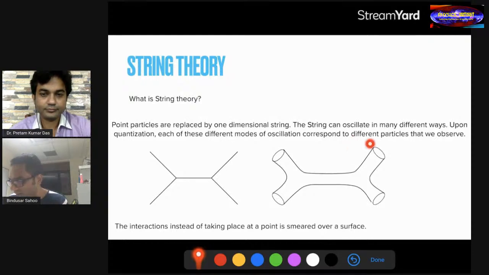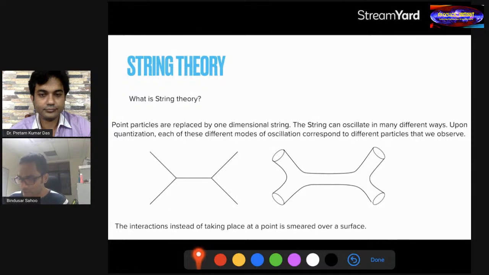Among all the different particles that you get from quantizing these modes of oscillation, one of the particles corresponds to the graviton, which I had earlier told you is something that should arise from the elusive quantum theory of gravity. So string theory is that elusive quantum theory of gravity, which gives you that particle, the graviton.